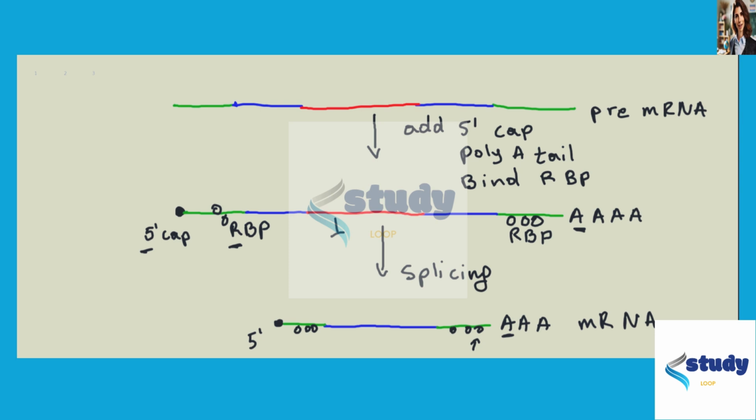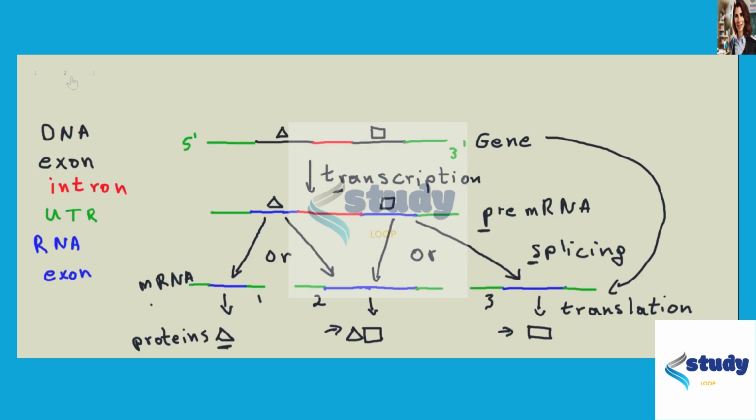So this is what choice A is talking about, the 5' cap and the poly A tail. And it says that one protein had a 5' cap and the poly A tail in the mRNA, and the other protein did not.